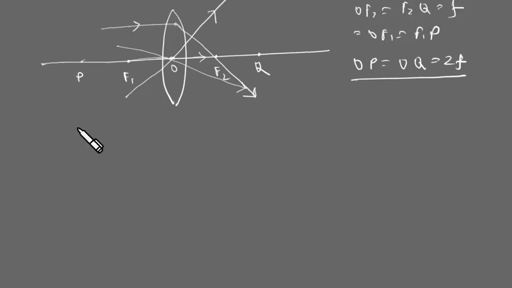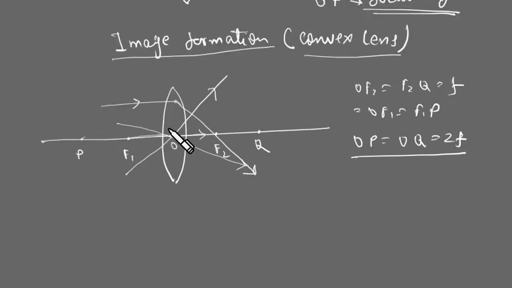We will consider different positions of the object for which we will find where the image is formed. Basically, we will find the image formed by an extended object, which we will name AB, where the arrow will represent the head of the object and the base will be on the principal axis.